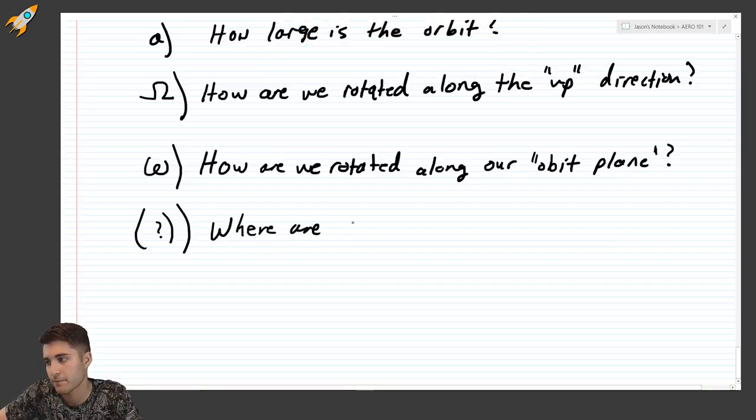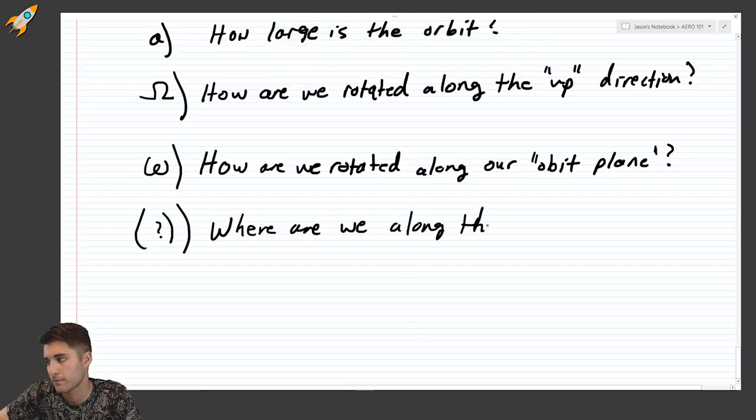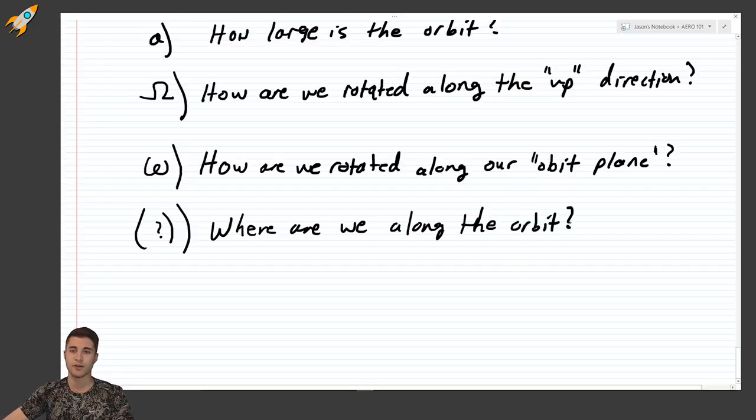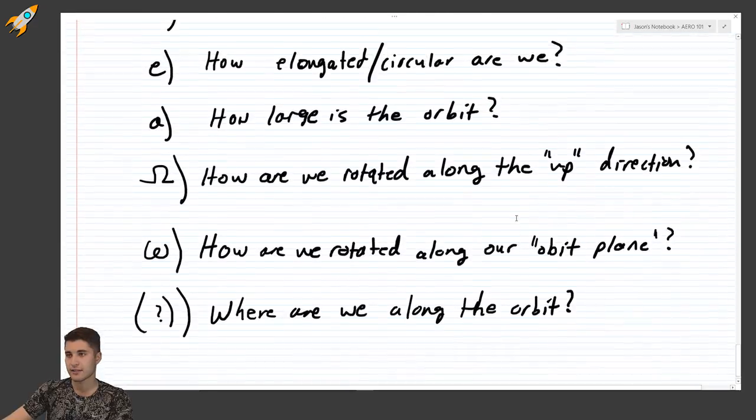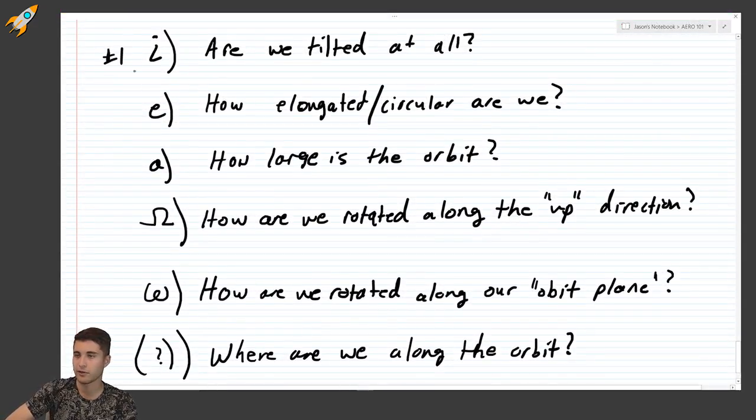Where are we along the orbit? So, we've got these 5 that we defined like this. Number 1, number 2, number 3, number 4, and number 5.